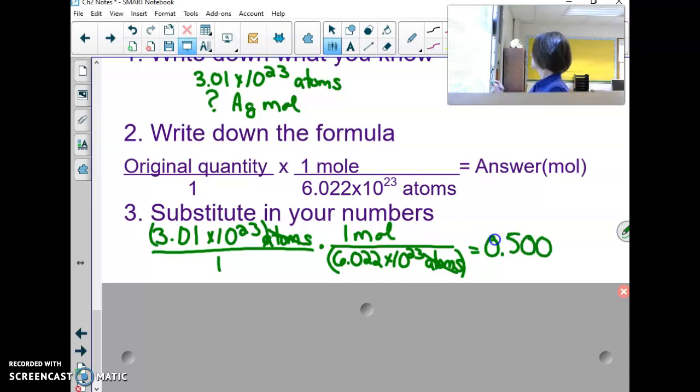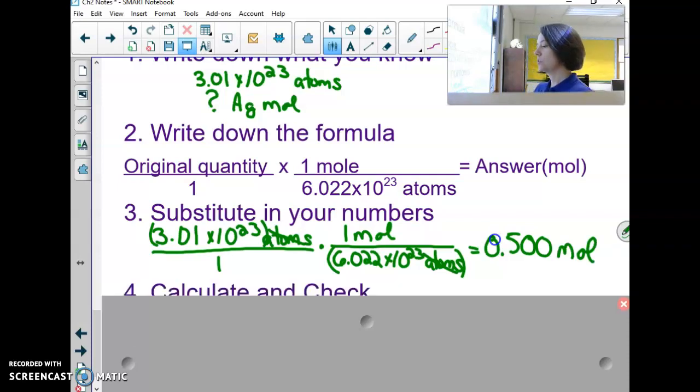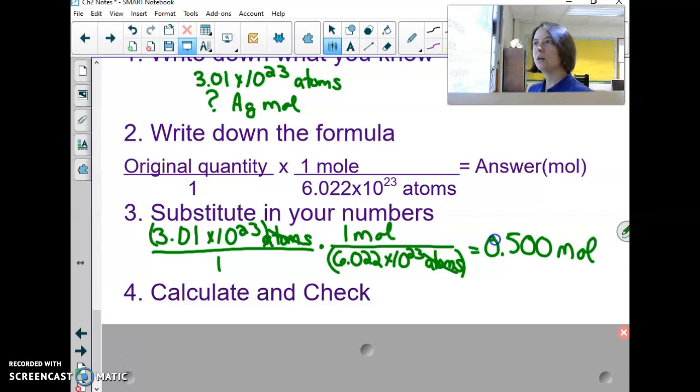This one being a placeholder, and then the other 3 being significant figures. And then my unit is going to be moles. So 0.500 moles.